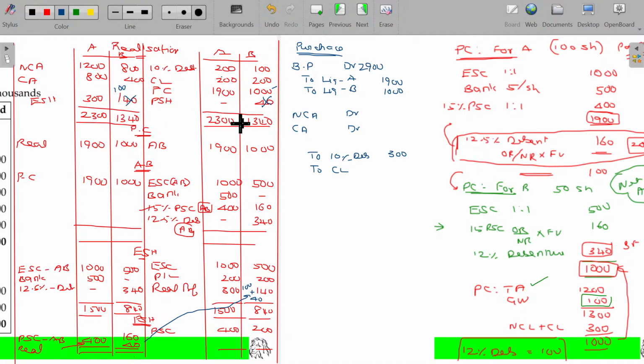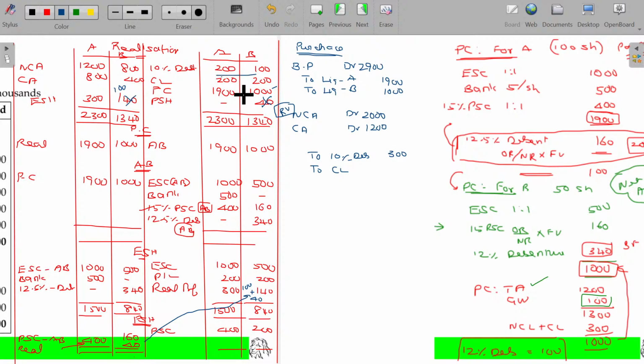Though I am going to show at realizable value, I hope there is no change in the value between the books and the realizable value actually applicable in the market. So we assume the value will be taken absolutely here, 1200 plus 800, 2000 rupees for the non-current assets, 800 plus 400, 1200 for current assets.